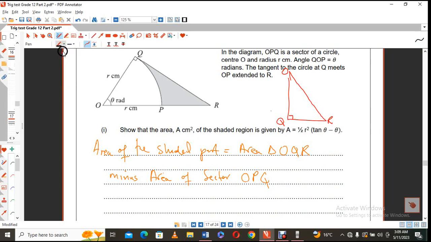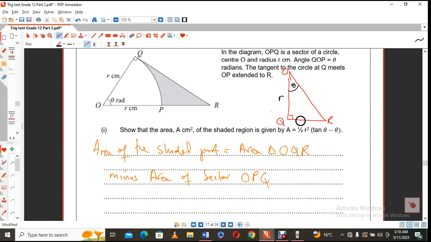So I will fill in what I have. I know that this distance here is R. I know that the angle here at O is theta. I'm looking for the distance of QR in terms of this angle and this R over here.